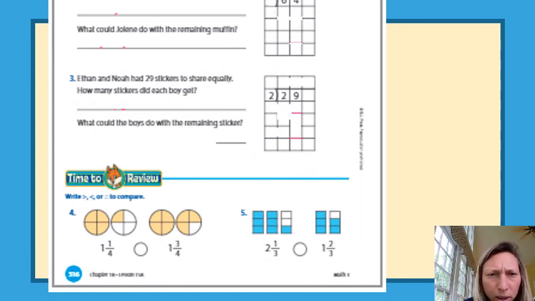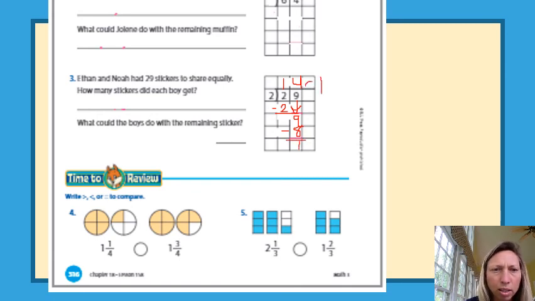Ethan and Noah had 29 stickers to share equally. How many stickers did each boy get? All right, so the reason why you're dividing by 2 is because it's Ethan and Noah, and that's 2 people. All right, 2 times 1 is 2. Subtract that, you get 0, so you can bring your 9 down. All right, 9 divided by 2, the closest I can get is to multiply by 4, and I get 8. Subtracting that, and you get 1, so you have a remainder of 1.